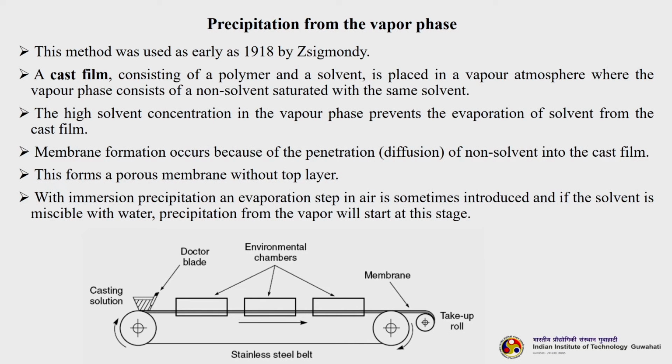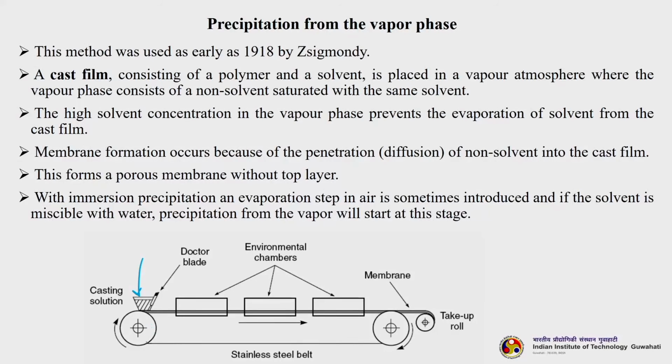So, with immersion precipitation an evaporation step in air is sometimes introduced, and if the solvent is miscible with water, precipitation from the vapor will start at this phase. So, you can see this is a stainless steel conveyor belt arrangement in this particular schematic diagram. Okay. So, you can have a doctor blade, again the doctor blade's job is to increase or decrease the thickness of the particular membrane.